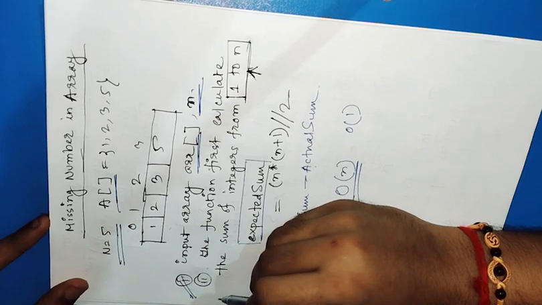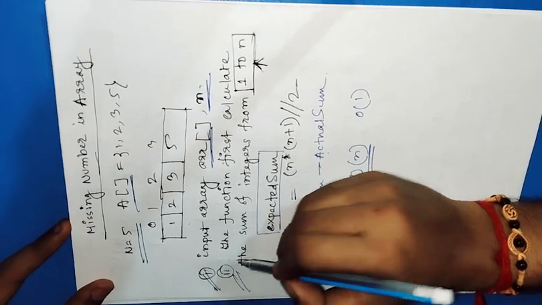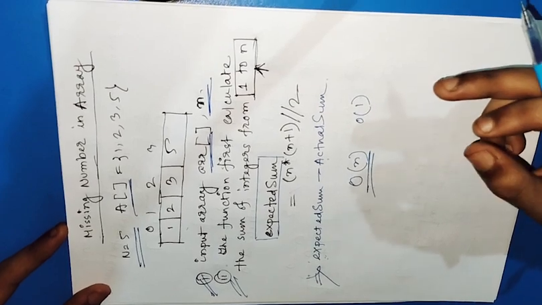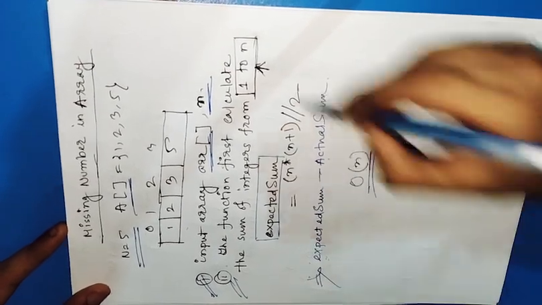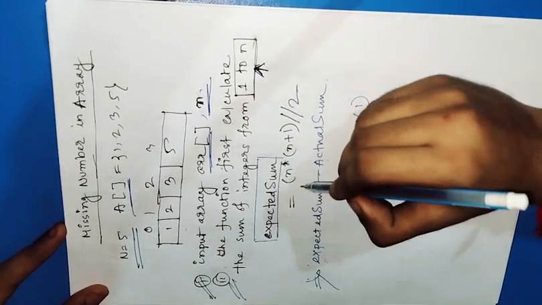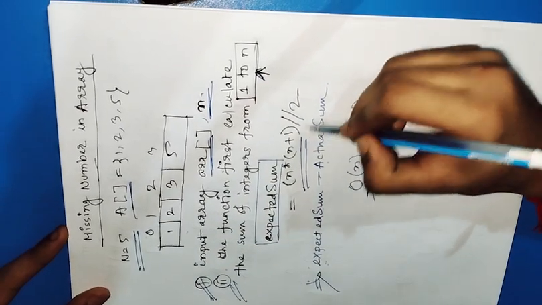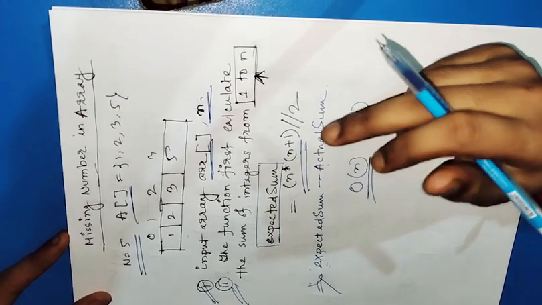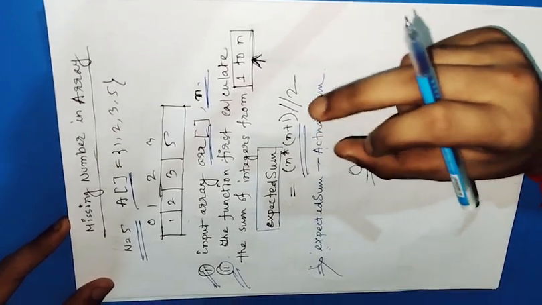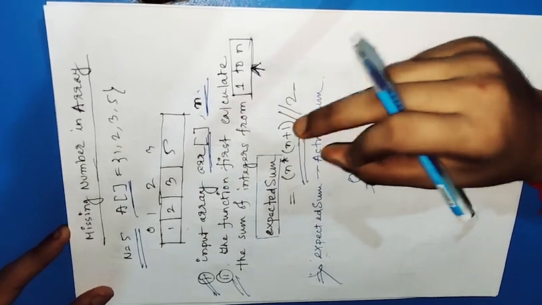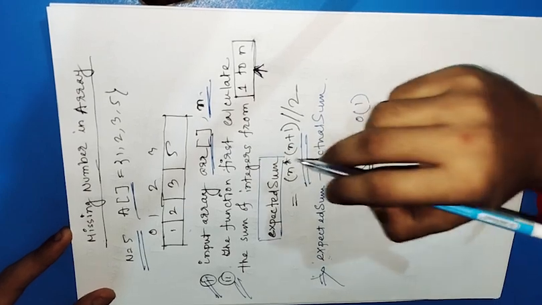And after that the function first calculates the sum of integers from 1 to n using this formula, n into n plus 1 divided by 2. This is because we know that the array contains distinct integers in the range of 1 to n.